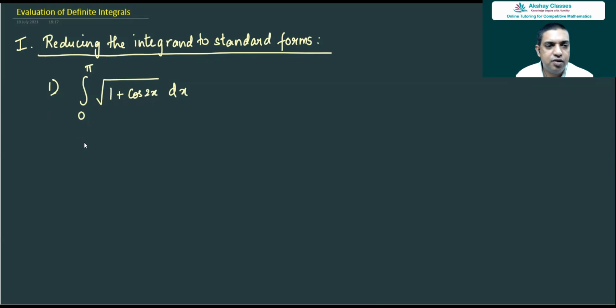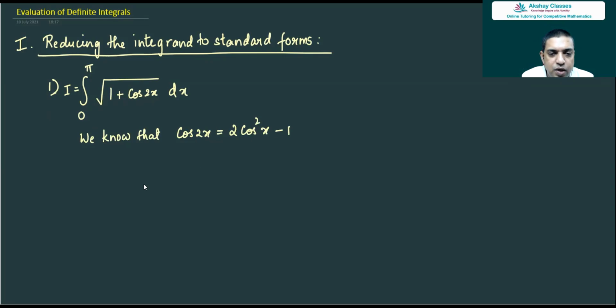So let us look at this. Now we know, so let this be I. Now we know that cos 2x is 2 cos square x minus 1. So which implies 1 plus cos 2x will be equal to 2 times cos square x.